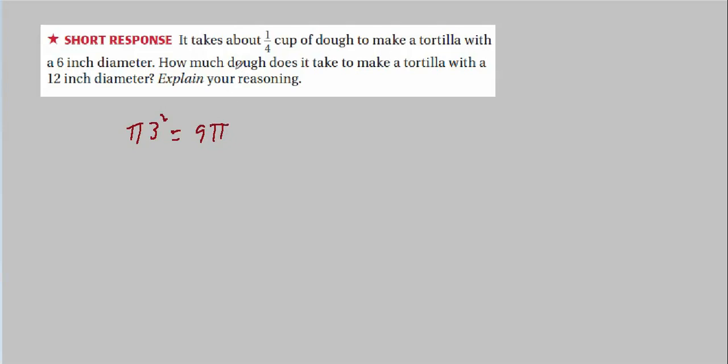We want to know how much more than 1/4 cup, or what should we multiply by? What should we multiply 1/4 cup by to get enough dough for the 12-inch diameter one, which is pi times 6 squared, or 36. Well, we got 36 pi versus 9 pi. So 4 times the 9 pi is 36 pi.